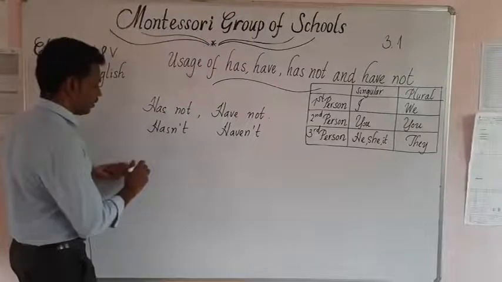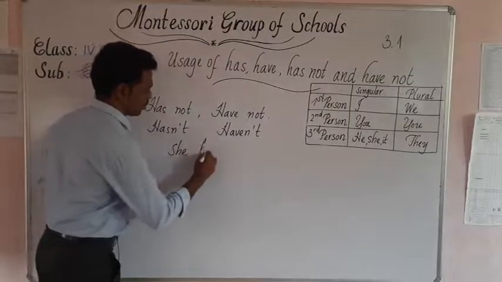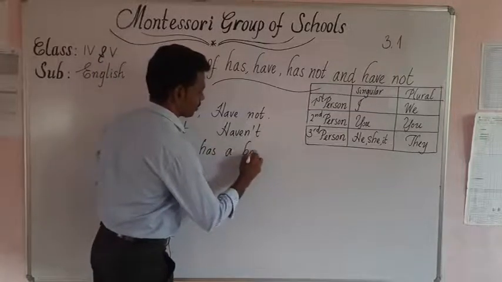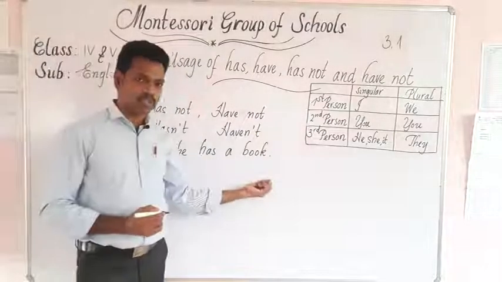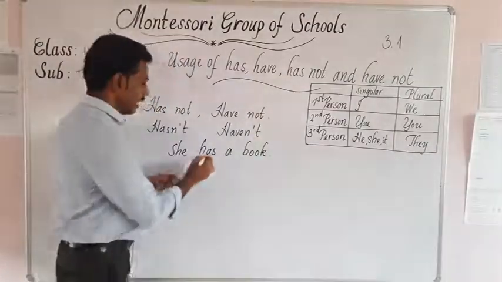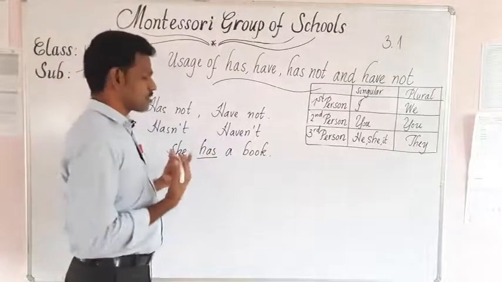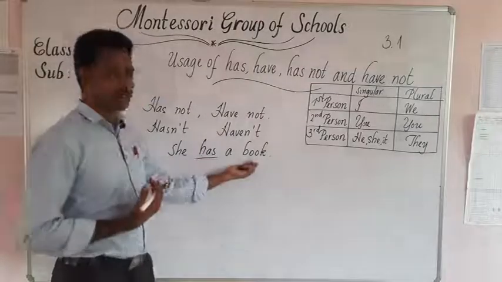For example, when we talk about she has a book. She has a book. So here has is standing for possessive case. She is possessing a book. Okay, so she has a book.